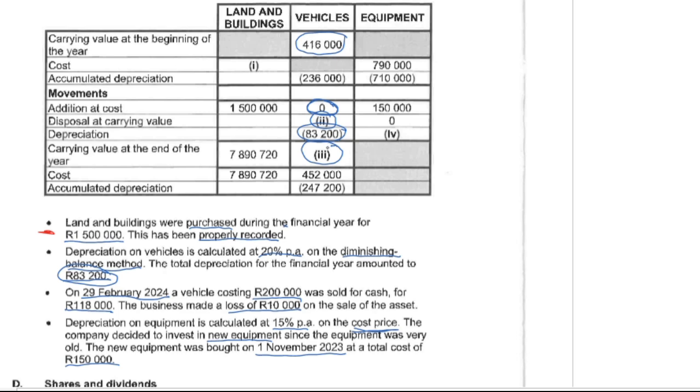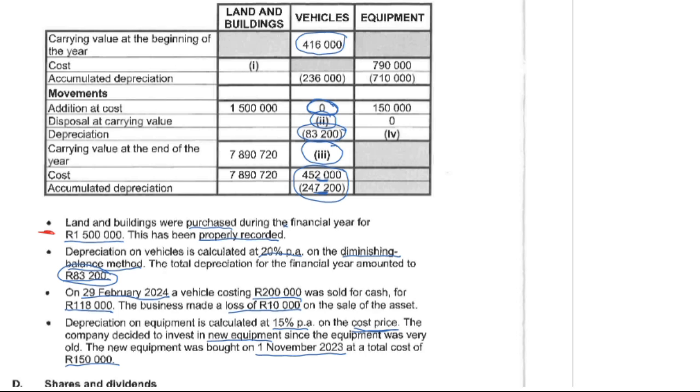Do we have a value for the carrying value at the end of the year? No, we are not given it, but in the fixed asset note, the carrying value at the end of the year can be worked out because we are given both the cost at the end of the year and the accumulated depreciation at the end of the year. Therefore, we can use equation number 3.